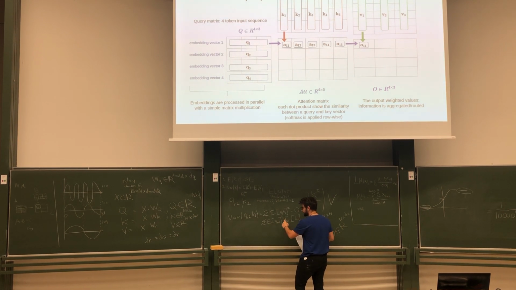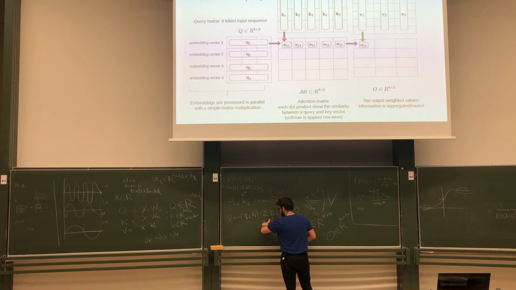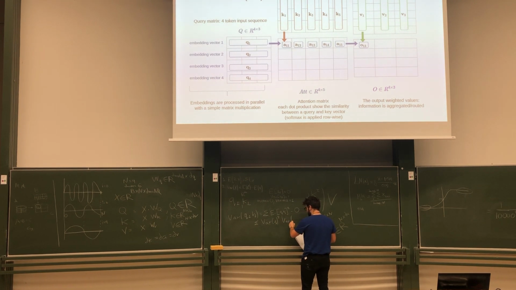But I want to emphasize that if you follow this equation, you get this one: variance of Q square, variance of K square. And we know that this variance is already 1.